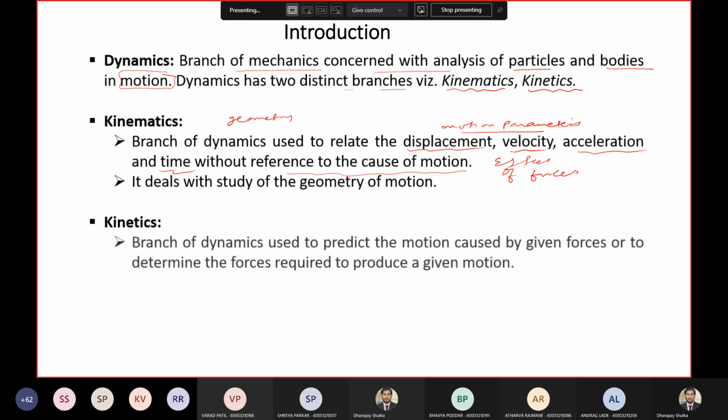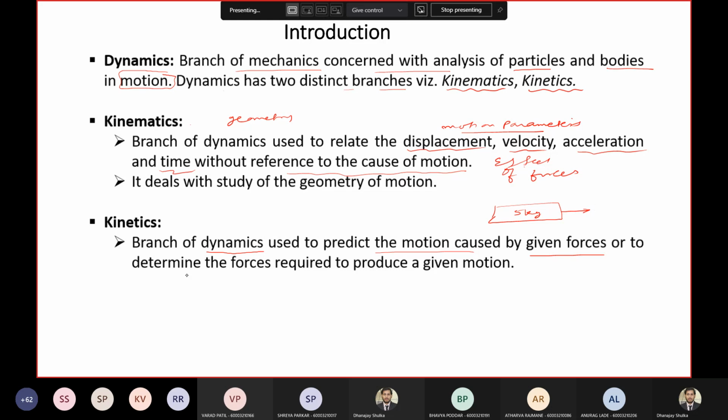Then kinetics. Kinetics is the branch of dynamics used to predict the motion caused by the given forces. Let's say you have this block, having 5 kg mass, and you are applying a force. What will happen to the motion parameters due to these forces?